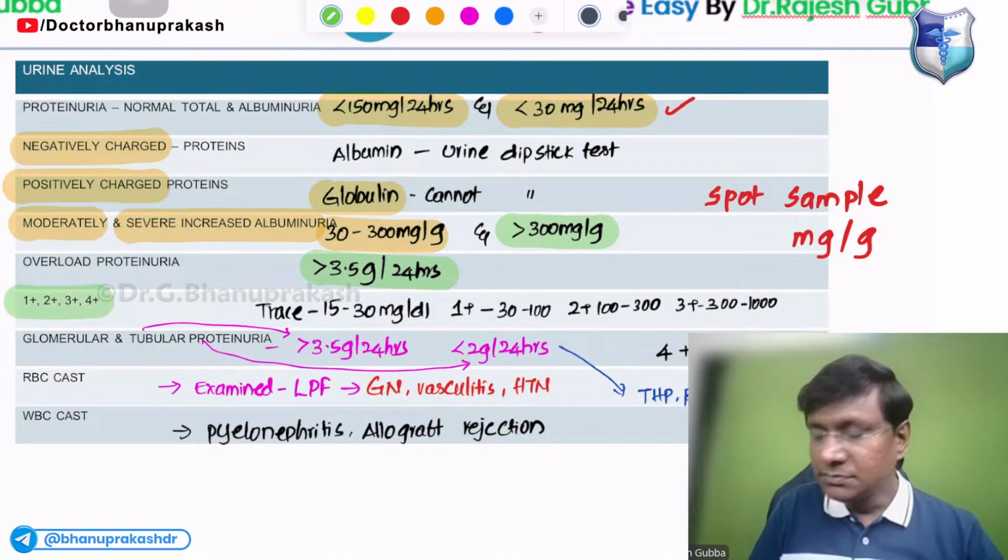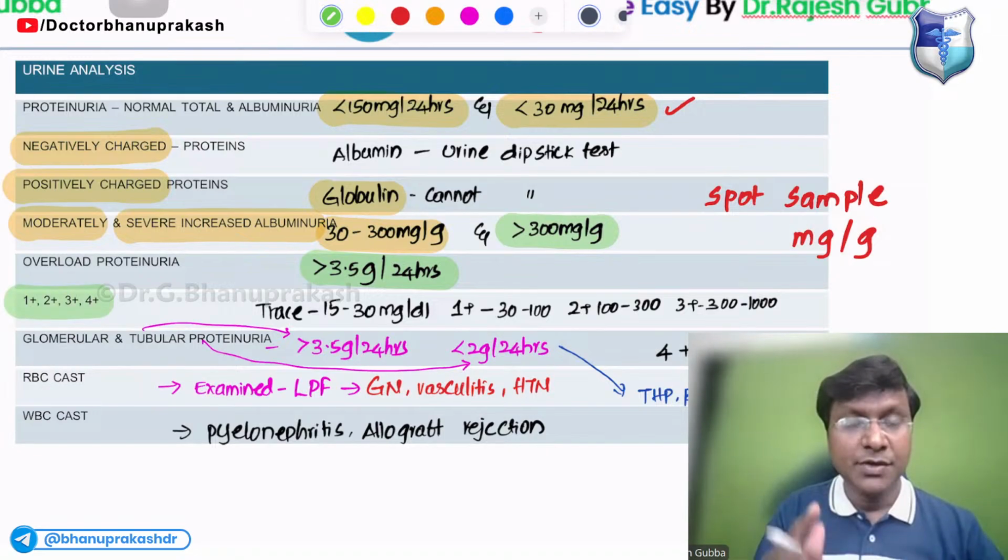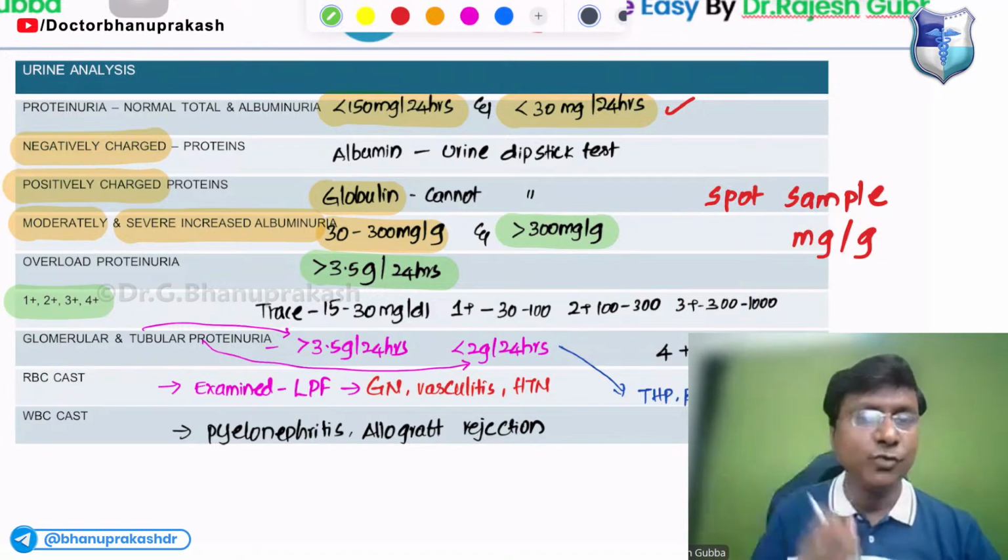Now, in the urine dipstick test, we quantify the proteinuria as trace, 1 plus, 2 plus, 3 plus, and 4 plus.